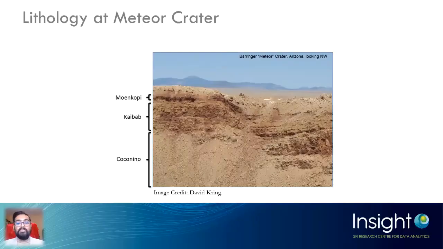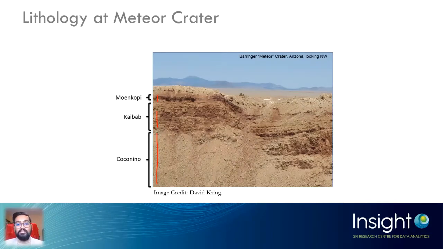Here is a view of Meteor Crater looking northwest. Moenkopi Formation is on top of the stratigraphy. Kaibab Formation underlies Moenkopi, and below Kaibab is Coconino sandstone. These impacted rocks in the crater walls are also exposed outside of the crater, where they did not undergo impact.